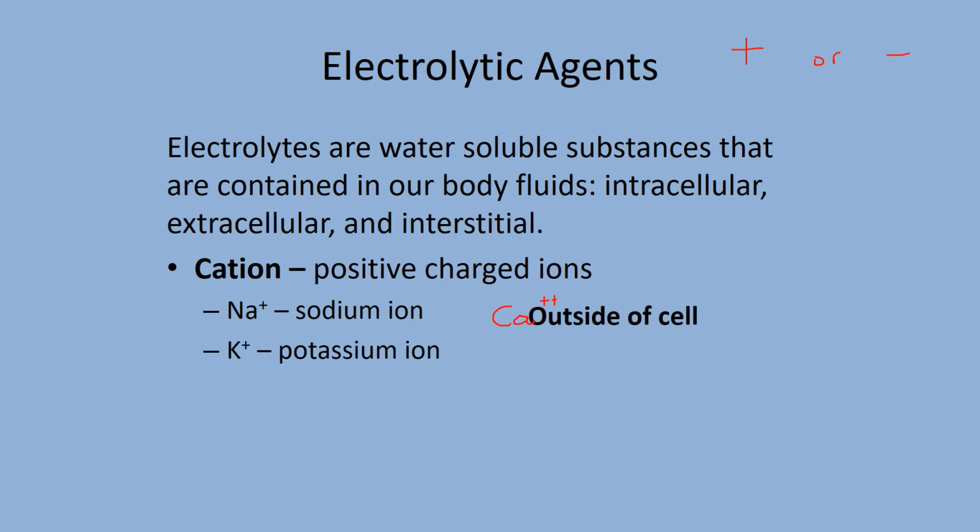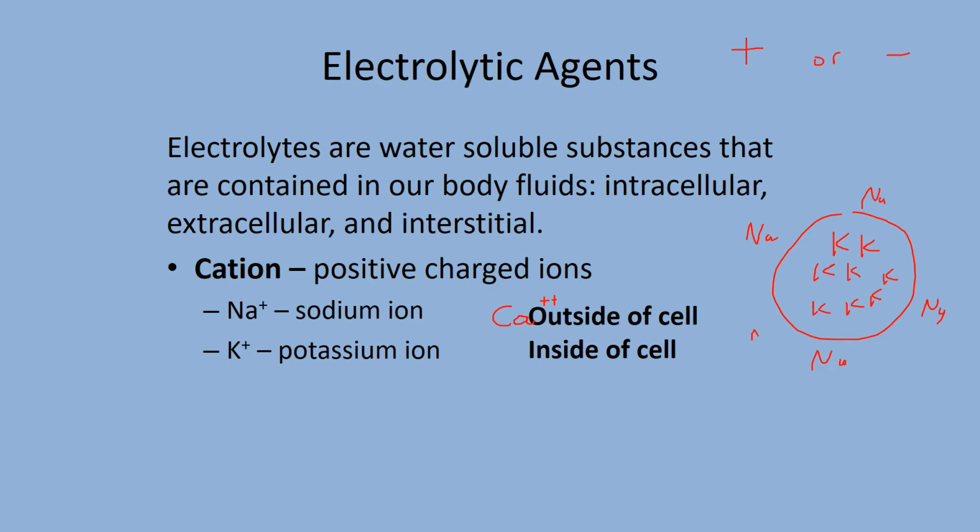Sodium you usually find outside the cell, and potassium on the inside. All day long, your body is pumping potassium inside and pumping sodium to the outside, and what this does is create a concentration gradient.